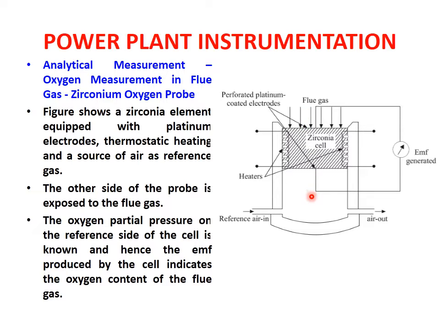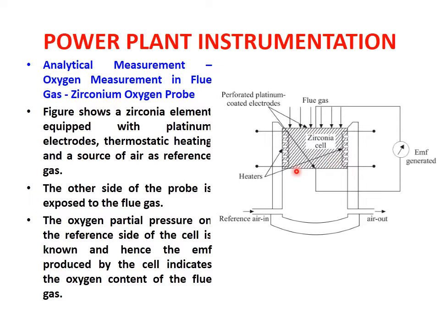In order to achieve the difference between the flue gas temperature and the reference air temperature, the reference air is taken from the bottom side, and that air along with the flue gas is connected to go to the outside stage, and the outlet of this perforated platinum coated electrode is connected to the input of the flue gas.